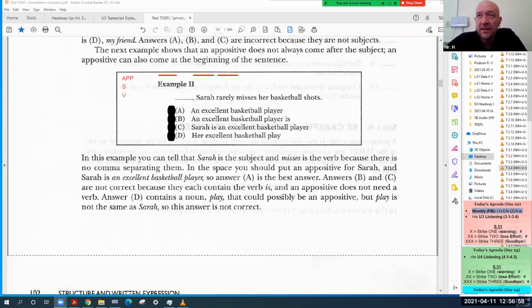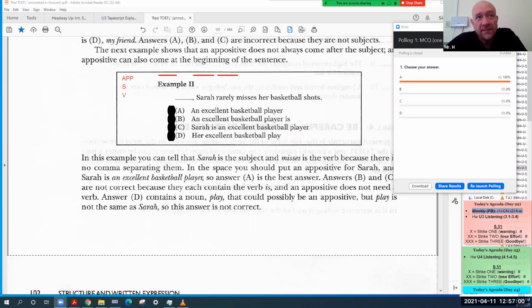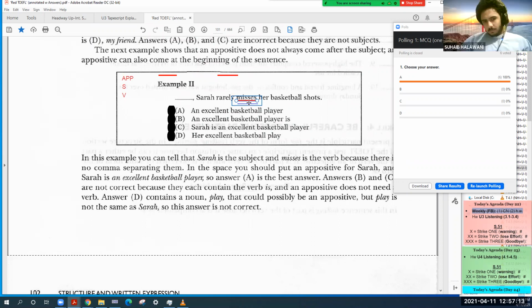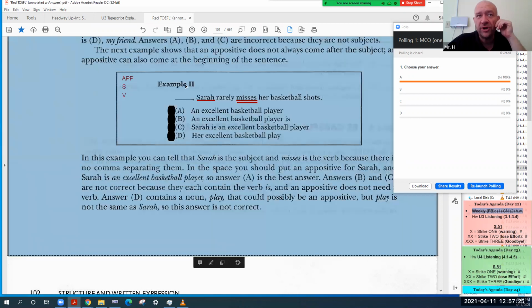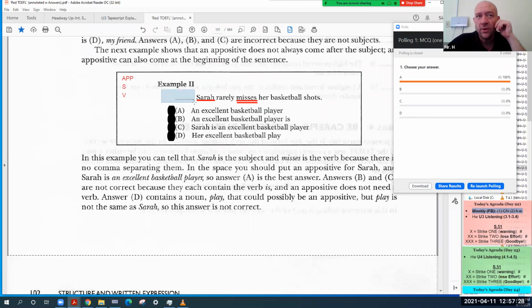So let's see. Where's the verb, gentlemen? Can you see a verb here? Okay. So I'm going to put 2 lines. Can you find a subject? Sarah. So we have a subject, we have a verb. What comes at the beginning? An appositive.